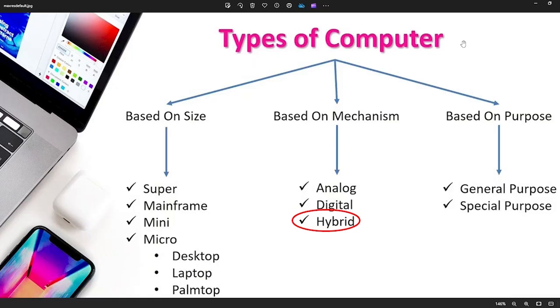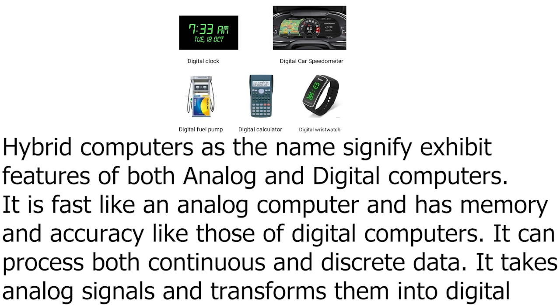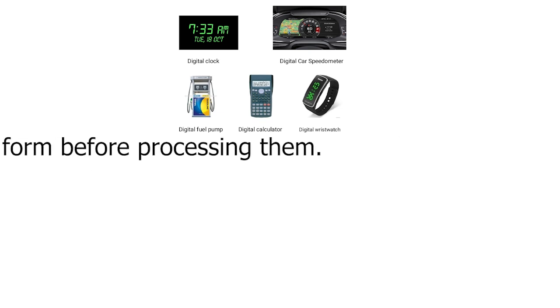Hybrid computer. Hybrid computers, as the name signifies, exhibit features of both analog and digital computers. It is fast like an analog computer and has memory and accuracy like those of digital computers. It can process both continuous and discrete data. It takes analog signals and transforms them into digital form before processing them.